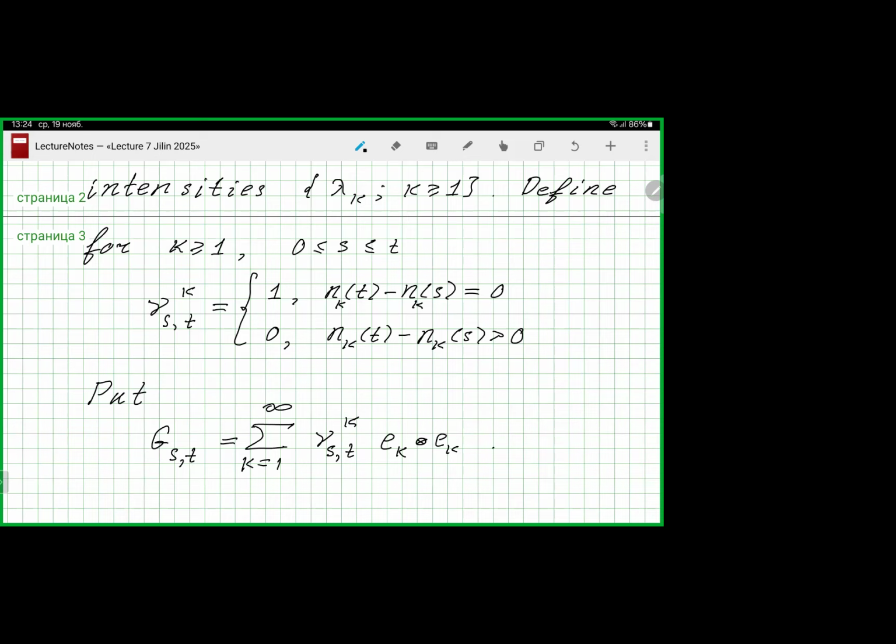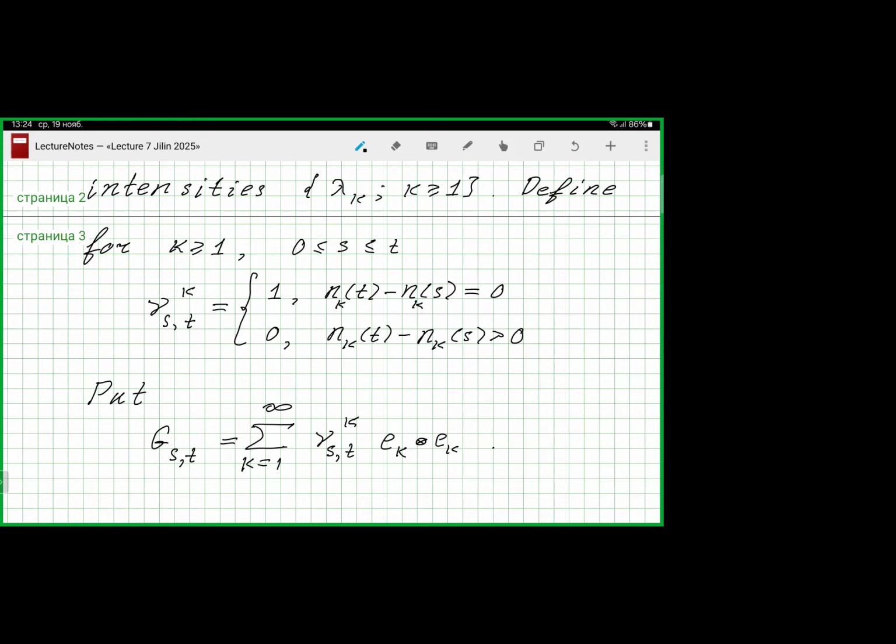Let us understand what it means. This construction. So any process N_k counts random events. As we know, a Poisson process is a counting process for a homogeneous flow of random events. And these events happen independently for different coordinates.